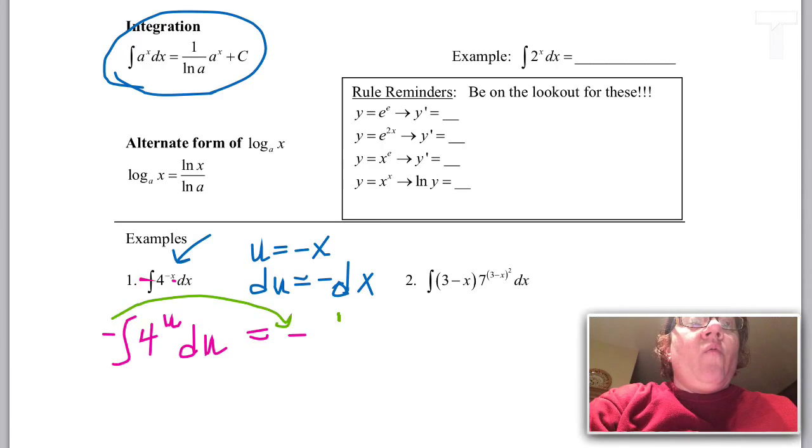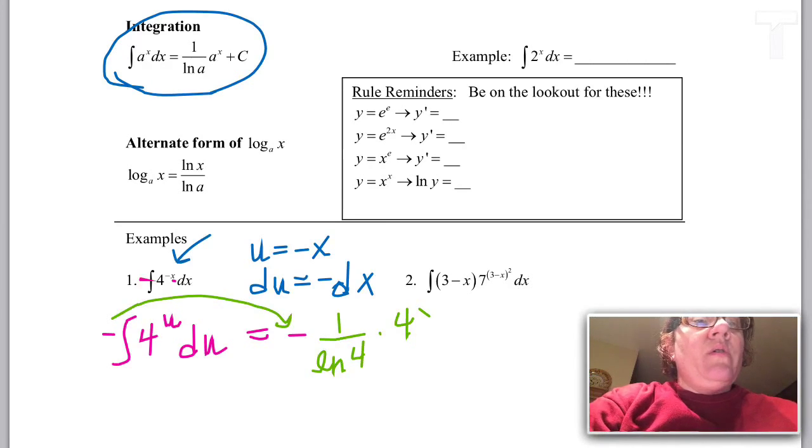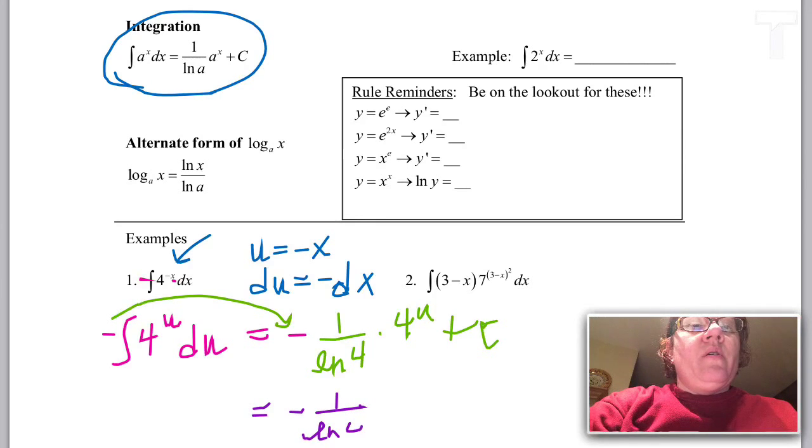And then I'm supposed to have 1 over natural log of the base, which is 4, times the original problem, or whatever I have there now, which is 4 to the u plus c. And then I can go back and substitute back in. So I'll have negative 1 over natural log of 4 times 4 to the negative x plus c.